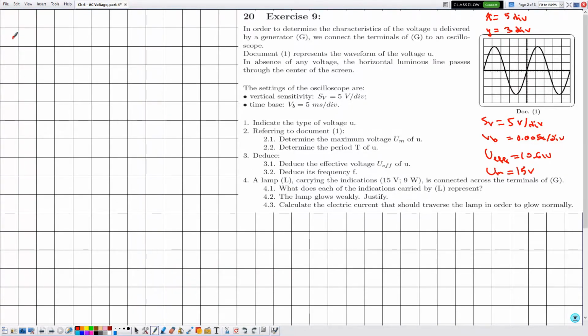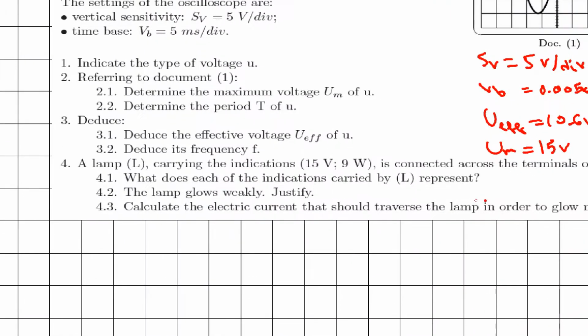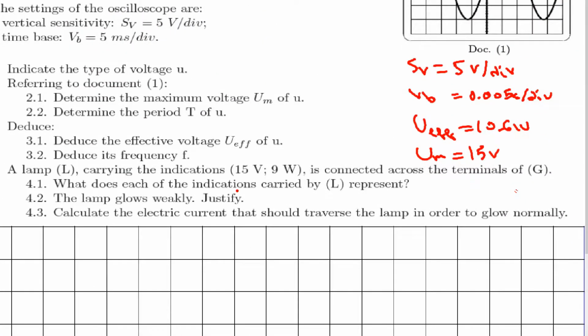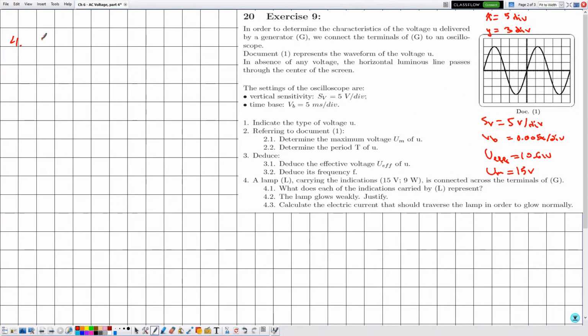Now in part 4 they are telling me a lamp L carrying the indications 15 volts and 9 watts is connected across the terminals of G. In 4.1, what does each of the indications carried by L represent? So let's start with 15 volts. It is the rated voltage of the lamp L under which it functions normally.